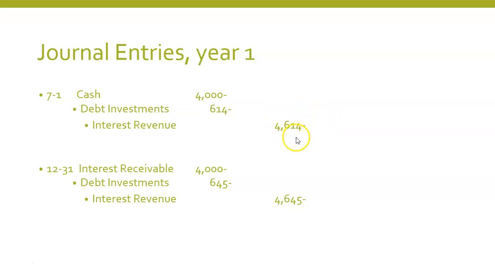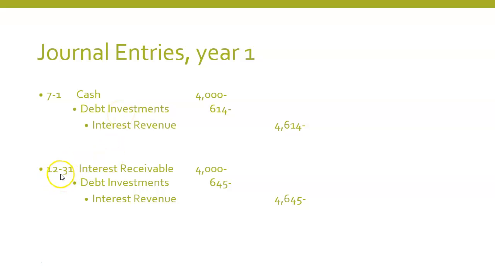This comes straight off the schedule under the interest revenue column. Now notice that for debt investments, I'm not doing a premium or a discount account, which is technically what this is. However, most companies for investments don't use the discount or premium account. They just shove it right into the investment account itself.